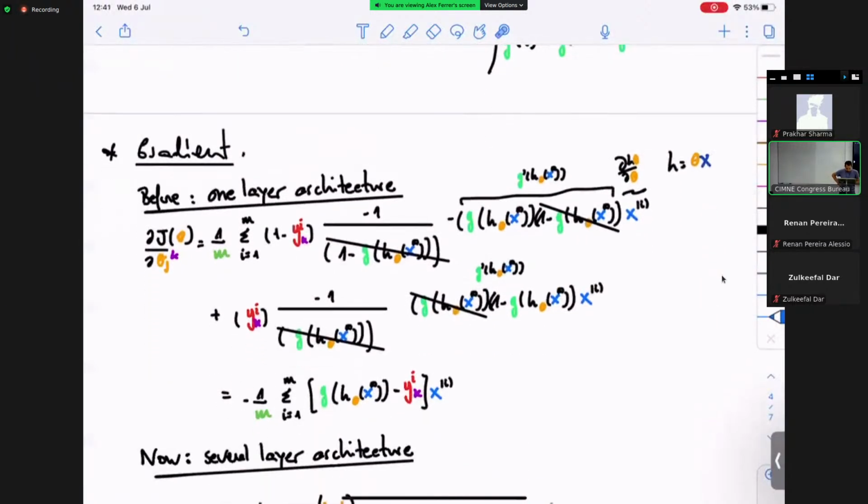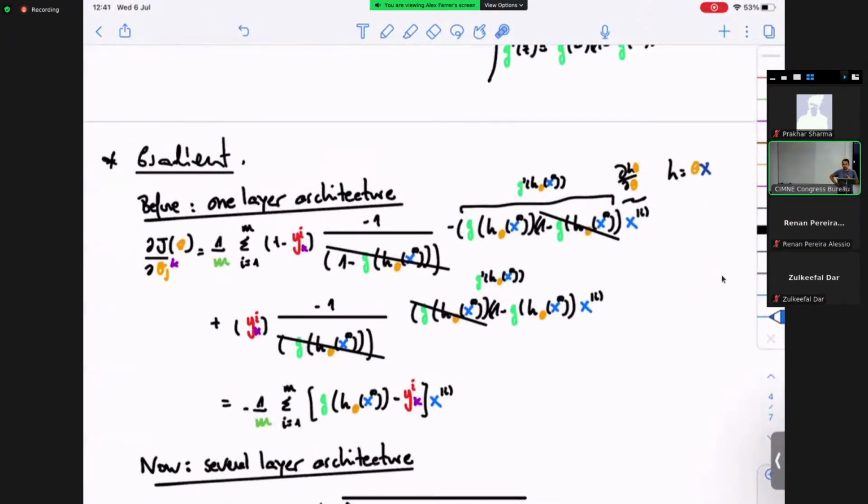So before we had a one layer architecture. How do we do it? We have the log, so the log gives you -1 divided by the value, and then the derivative of it has g prime, which is g times 1 minus g. And the derivative of h with respect to theta was x.